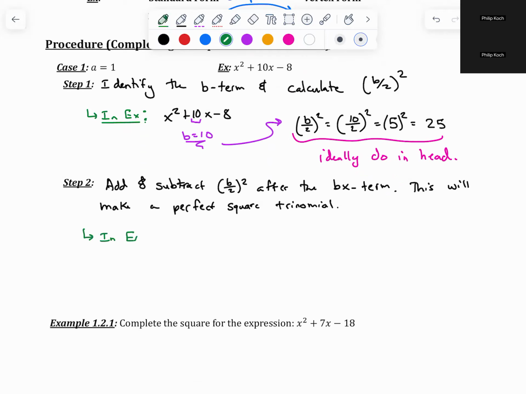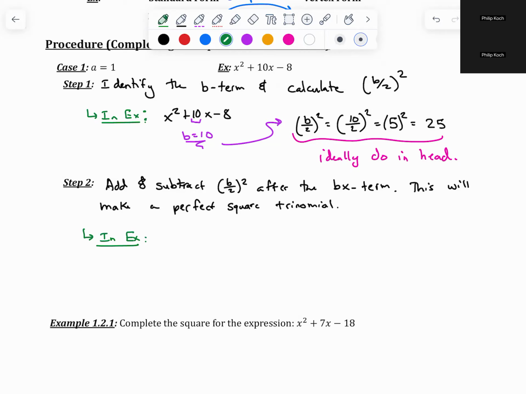In the example, add, subtract b over 2 squared after the bx term. Add and subtract in that order in particular. And I can explain why in a little bit.